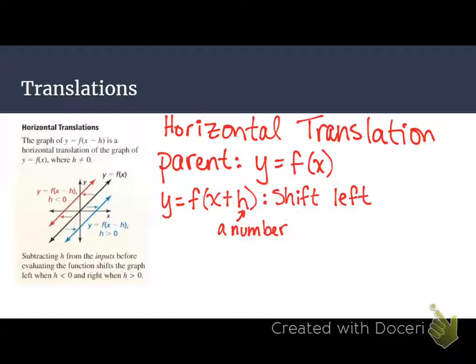If we're adding, we end up shifting it to the left. If y is equal to f of x minus h, then we are going to shift right. Where, again, h is just a number. So both times h could be any number, right.